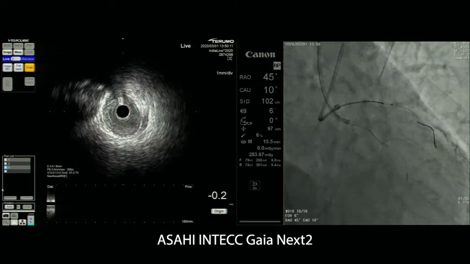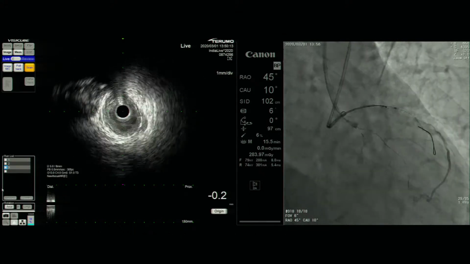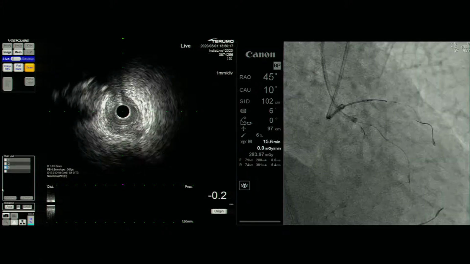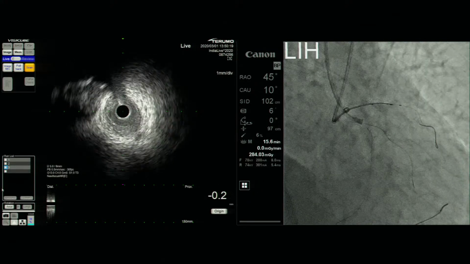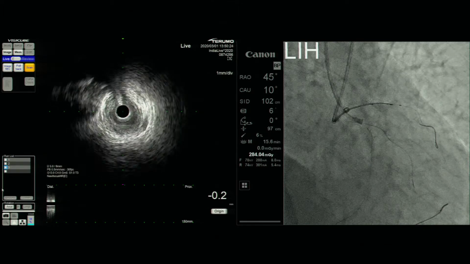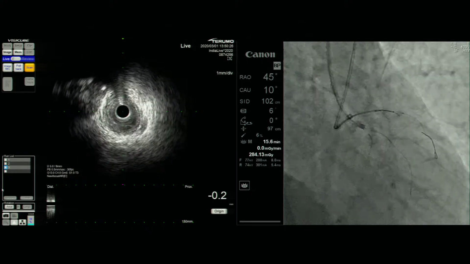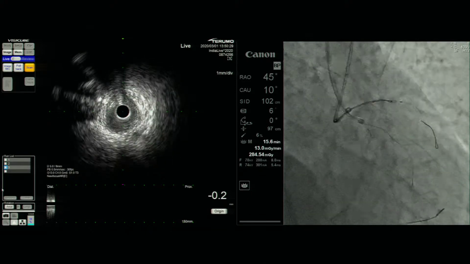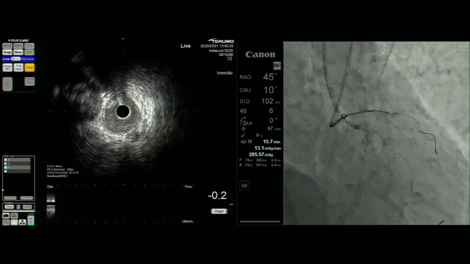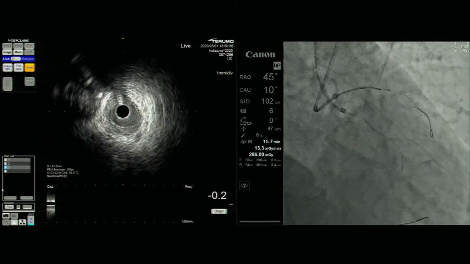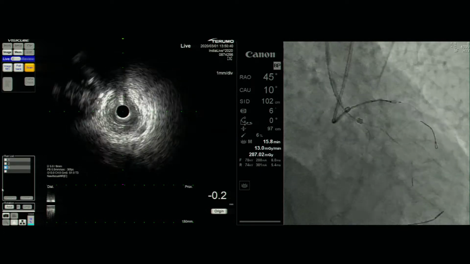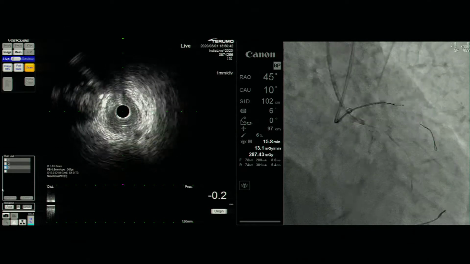So this LAD has a little bit of a bend at the bifurcation, so we have to turn to the distal here, and also we need RA view. So this view is just from the tangential direction to the myocardium.